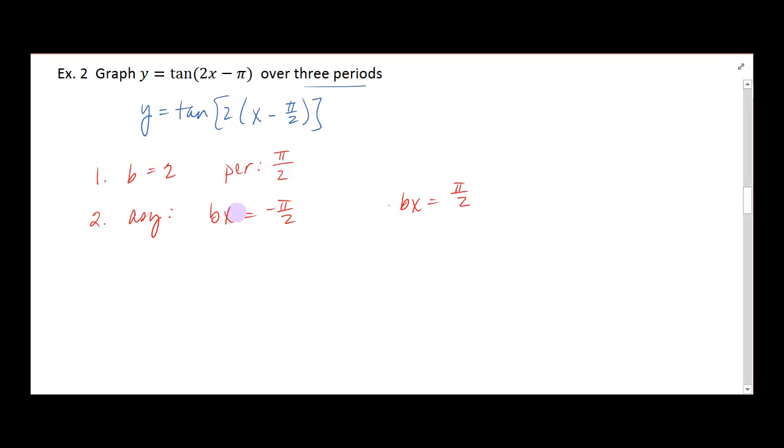Each time I have a b, I'm going to replace it with 2. So 2x is negative pi over 2, and 2x is positive pi over 2. When I solve for x, I would divide by 2 or multiply by 1/2, and I get negative pi over 4 and positive pi over 4 for my asymptotes.